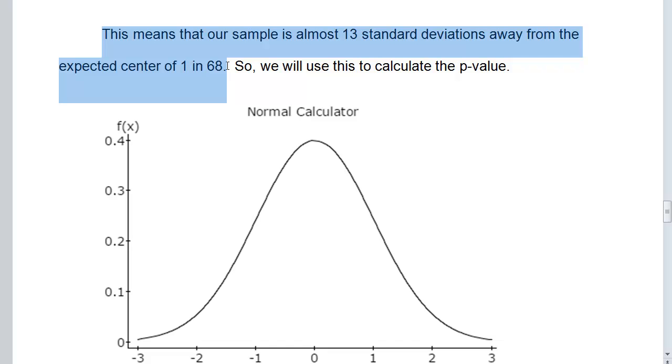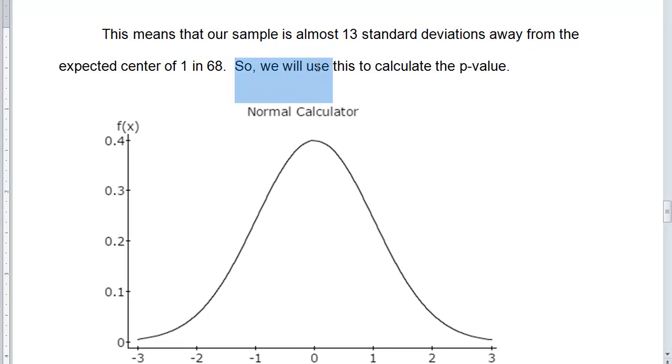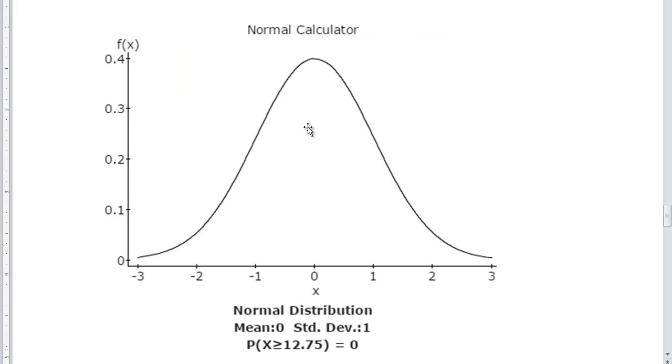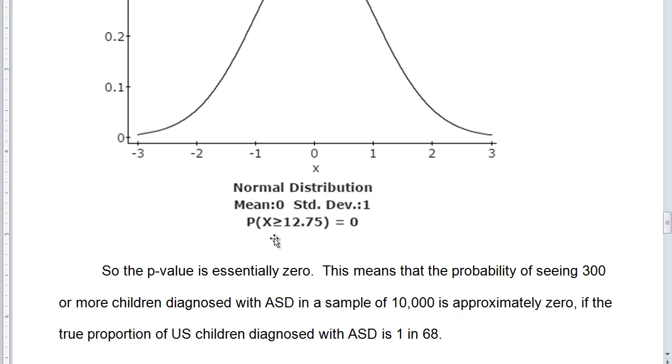So we will use this to calculate the p-value. Although hopefully your gut is already telling you that 13 standard deviations away is not very likely. In fact, it's so unlikely that when I put it into the StatCrunch calculator, to 7 decimal places, it actually told me that it was 0.